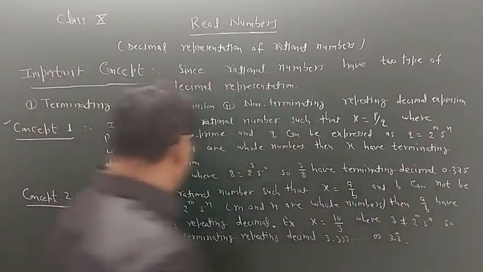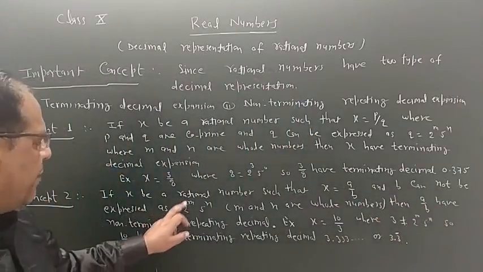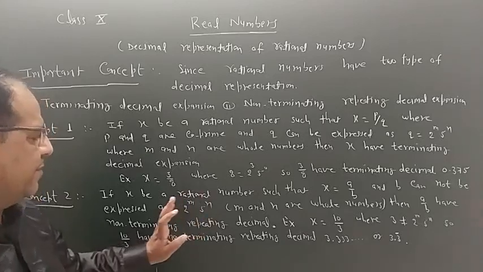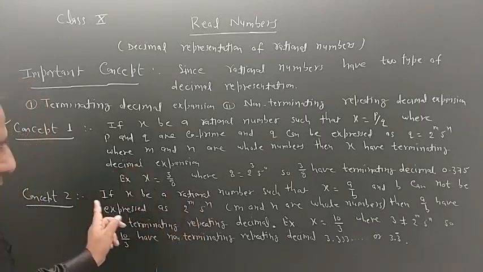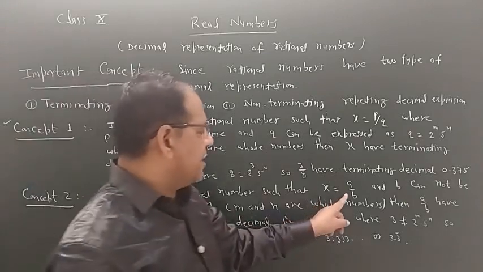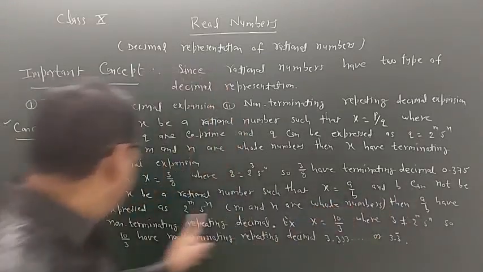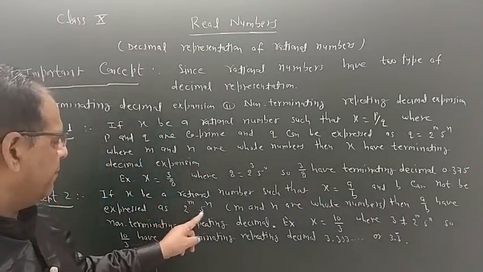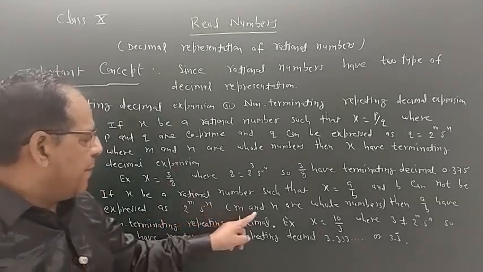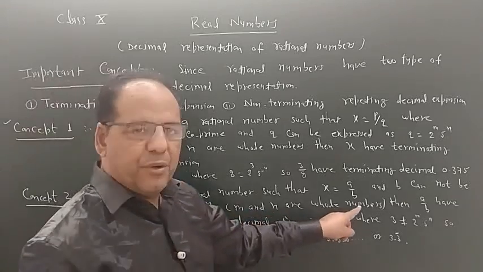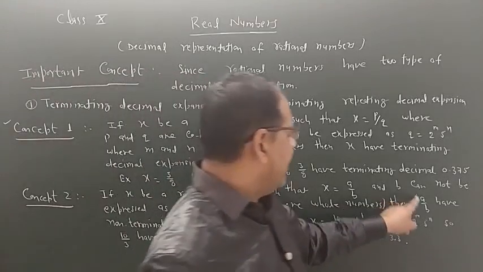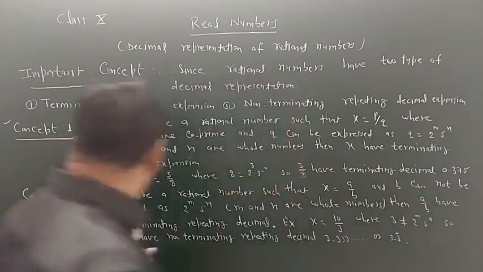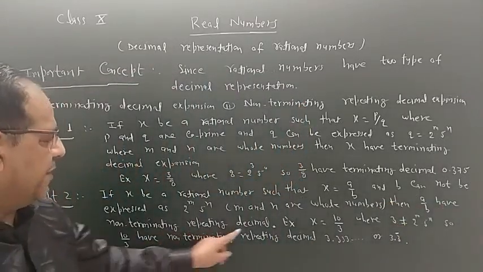Similarly, concept number 2: if x is a rational number such that x equals a upon b and b cannot be expressed as 2 to the power m, 5 to the power n, where m and n are again whole numbers or non-negative integers, then a upon b has a non-terminating repeating decimal.